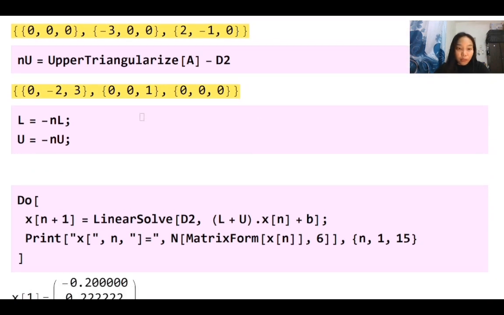As in our previous study, we also need to input the given equation, which is L is equal to -L semicolon, and U is equal to -U semicolon.